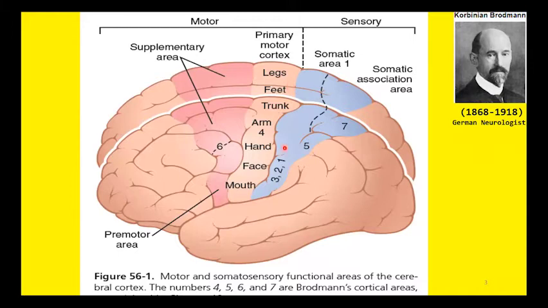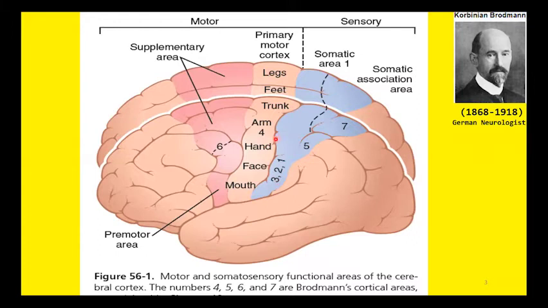As you can see, different numbers are placed on the surface of the cerebral cortex, and these are known as Brodmann's areas. The German scientist Corbinian Brodmann was the one who classified the whole surface of the cerebral cortex and labeled them accordingly.